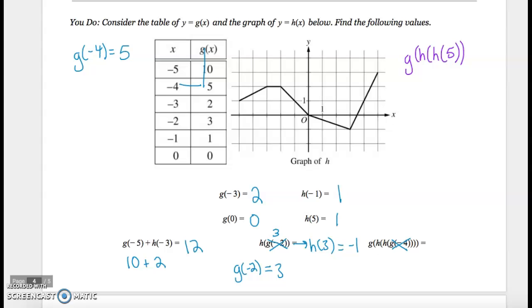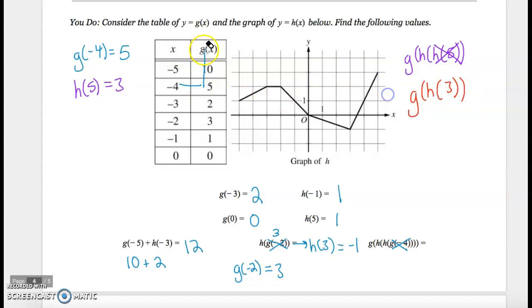Okay, so now let's go ahead and work from this inside piece. So h of 5 now would equal 1, 2, 3, 4, 5. My output would be 3. So that means I can replace my h of 5 with a 3. So then now I'll be finding g of h of 3.